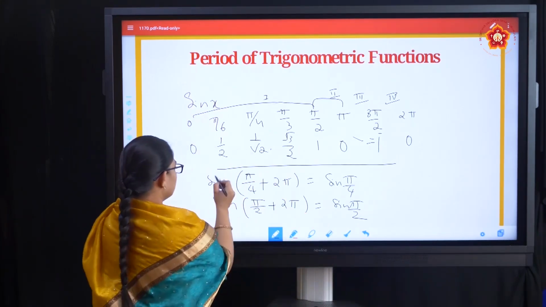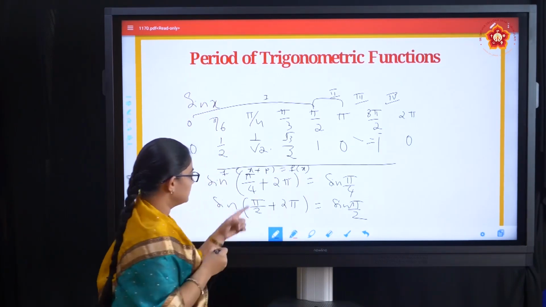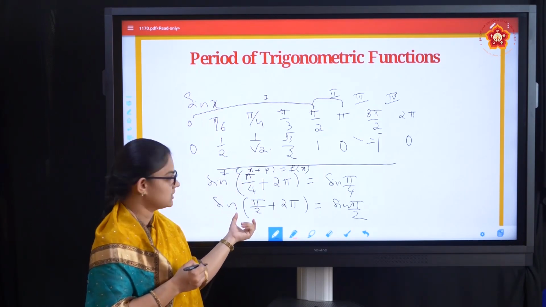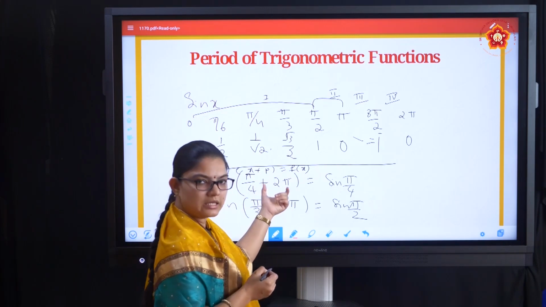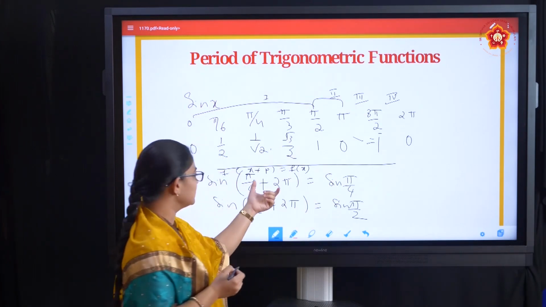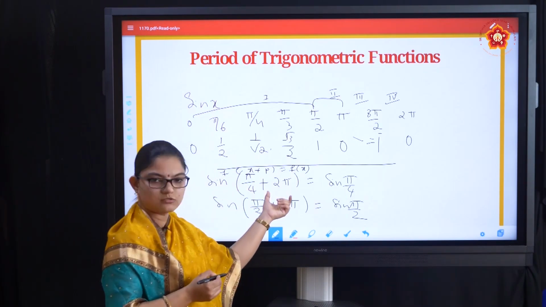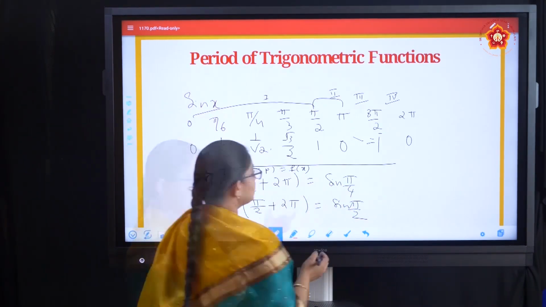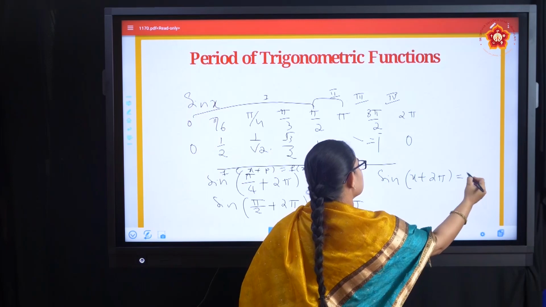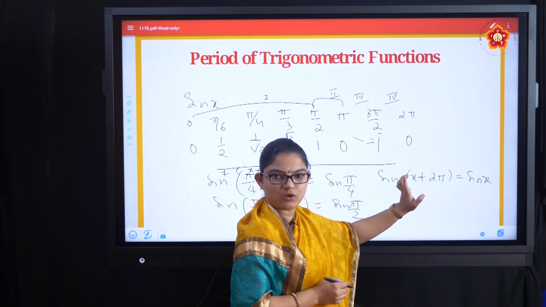That is, we have f of x plus p is equal to f of x, the same format for any x. If you change the variable x by 2 pi, then the value of the function will be unchanged. We get the same value, that is sine of pi by 4 plus 2 pi is sine pi by 4 only. That is, sine of x plus 2 pi will be the same as sine x. The value is unchanged for 2 pi, where 2 pi is the constant here.